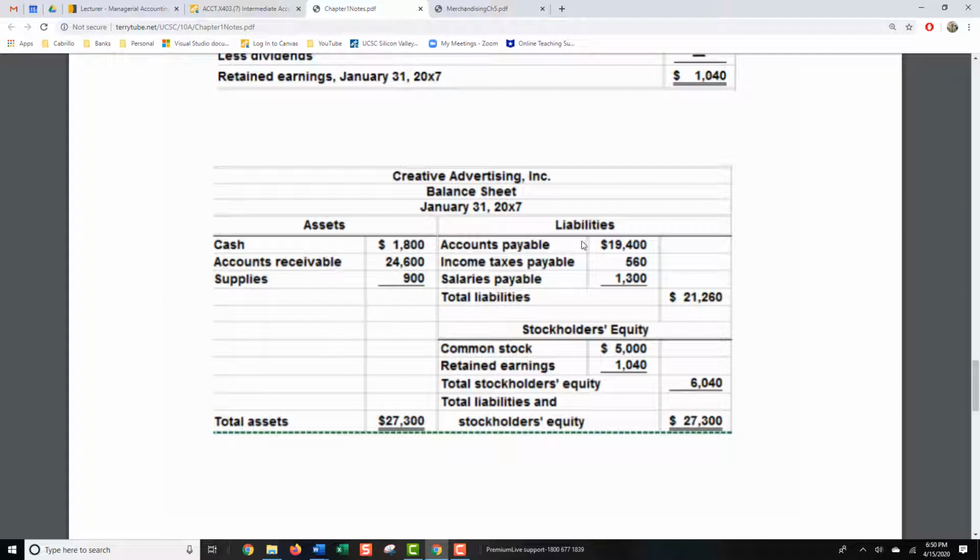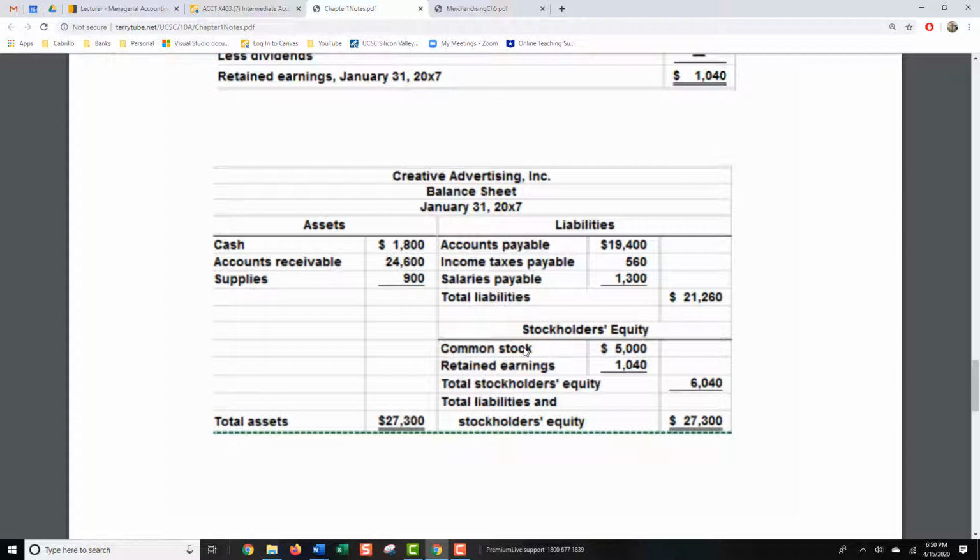The liabilities, right? The short term will be at the top and the long term will be at the bottom. In this example, there's just some short term accounts payable, income tax payable, salaries payable. If this was a bigger example, you'd see something like mortgage payable or bonds payable for long term. The stockholders' equity is going to have common stock.